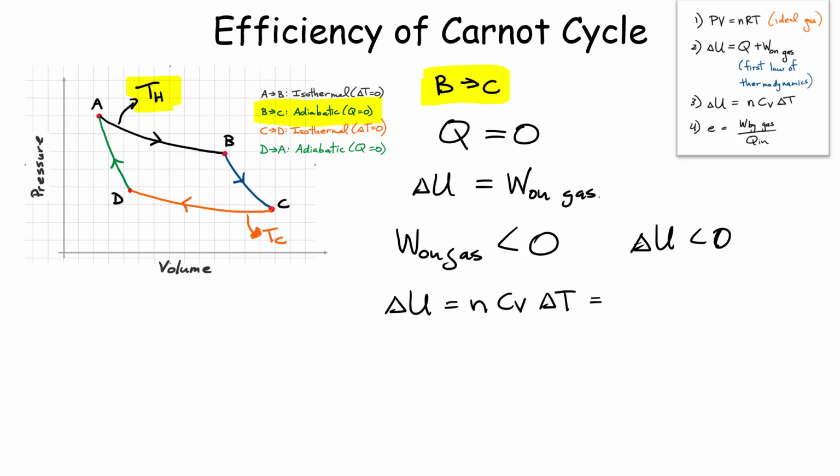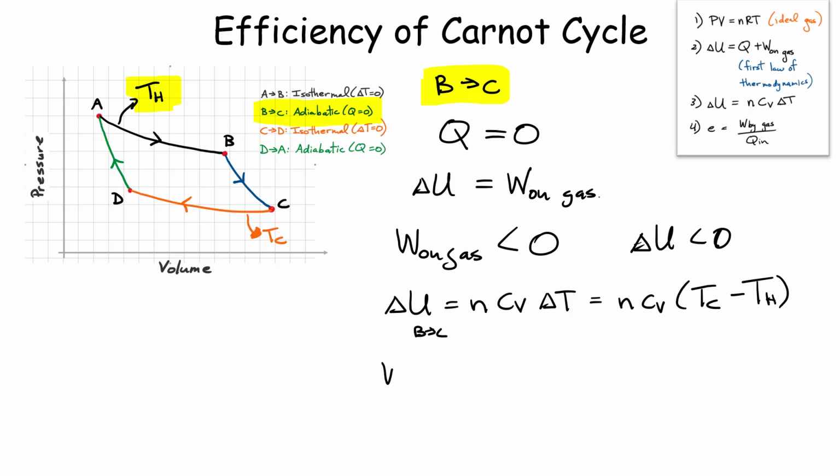So for this process, if I'm going from B all the way to C, it's nCV. What's my final temperature? It's going to be the temperature at point C, that is TC. And then minus, where did I start? My initial temperature was the temperature at point B. Well, that's the same thing everywhere along that black line. That is TH. So this is the change in internal energy for that process.